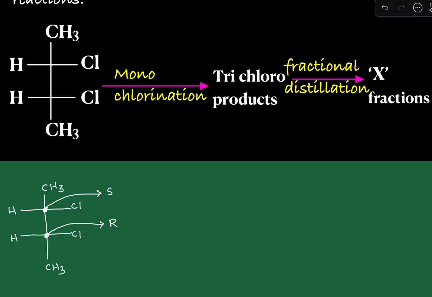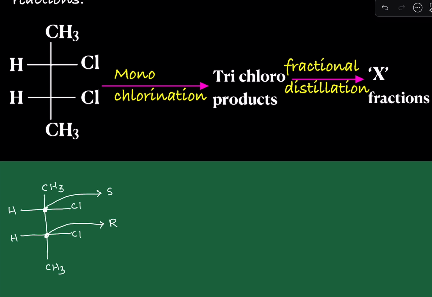And if you see positionwise, you can start numbering from this side or this side, because if you start from this side, the positions of chlorine are 2 and 3. If you start from this side, the positions of chlorine are again 2 and 3. But stereochemistry is fixed. The least locant rule says the numbering is the same.